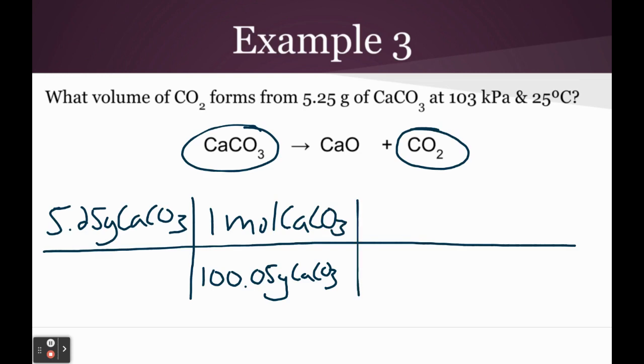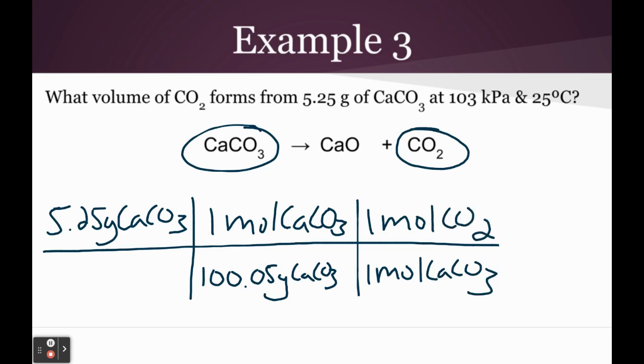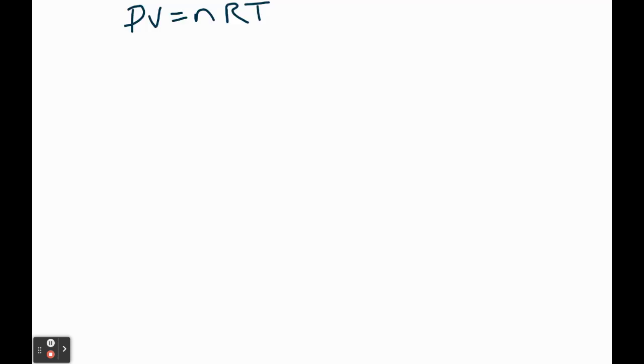And the equation is balanced, so it is 1 mole of CaCO3 to 1 mole of CO2. So when you calculate that, you should get 0.052 moles of CO2.